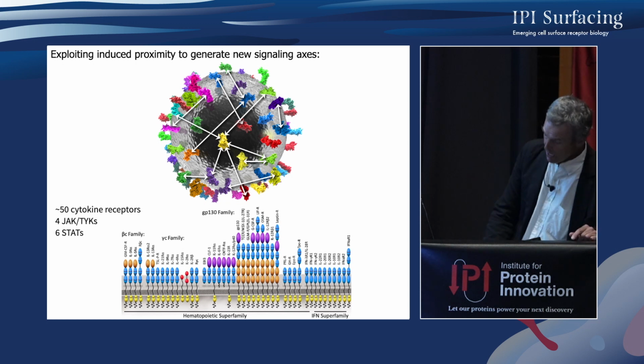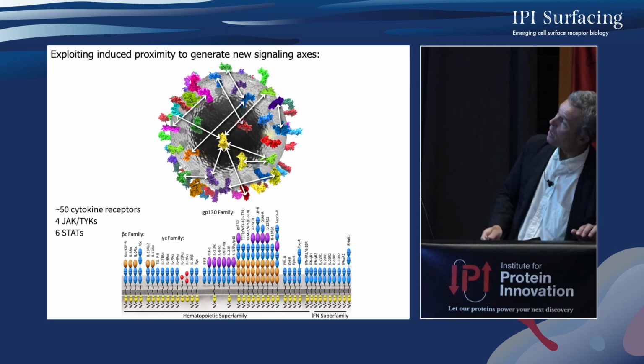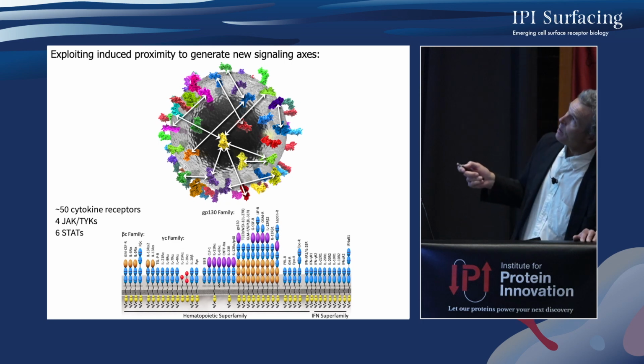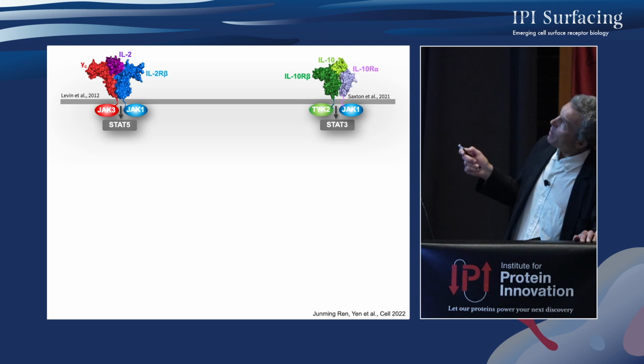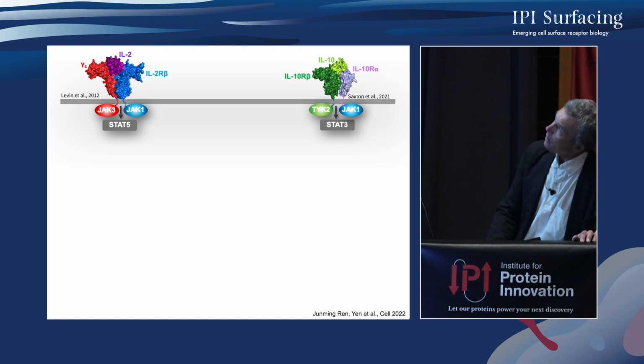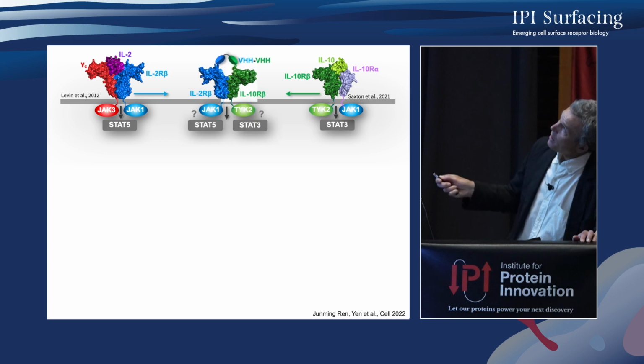One example is we took a nanobody against the IL-2R beta chain and a nanobody against the IL-10R beta chain, and we fused them together to create a new heterodimer that does not exist in nature.